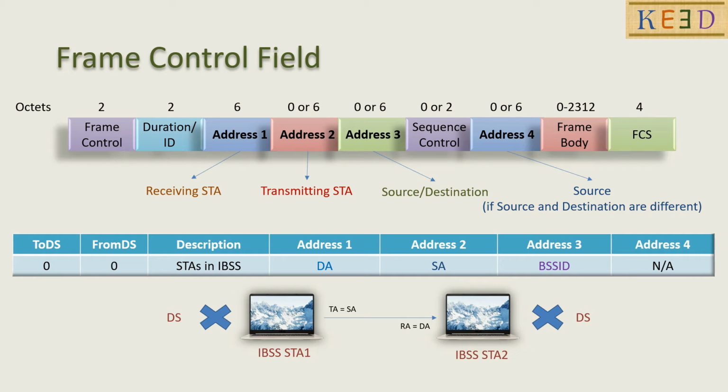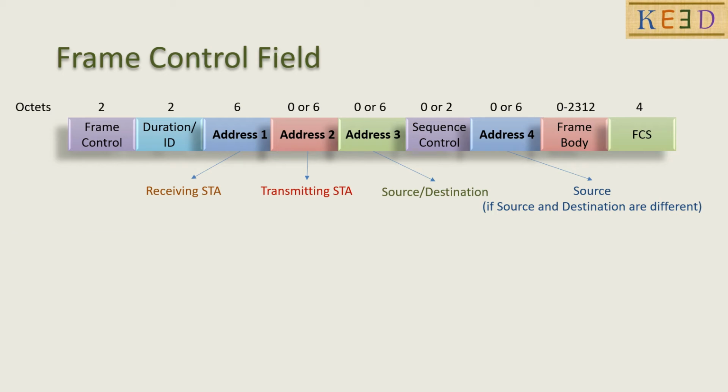So, address 1 is the destination address or receiver address. Address 2 is the source address or transmitter address. Address 3 is the BSS ID. We'll discuss the IBSS BSS ID later. Address 4 is not present.